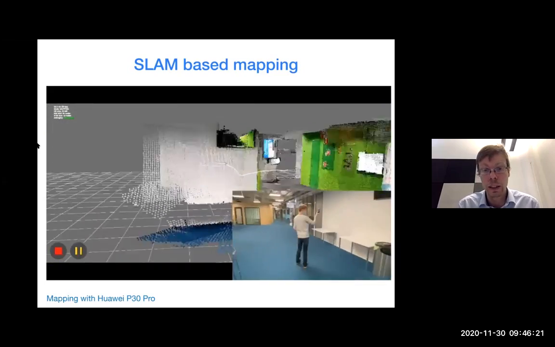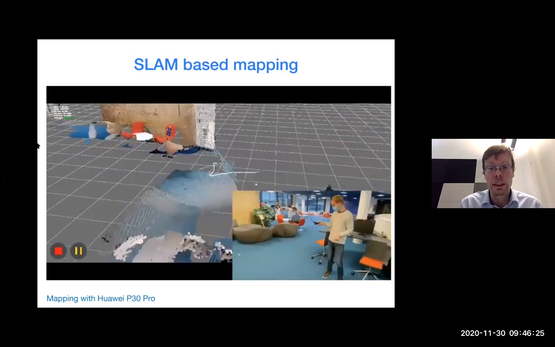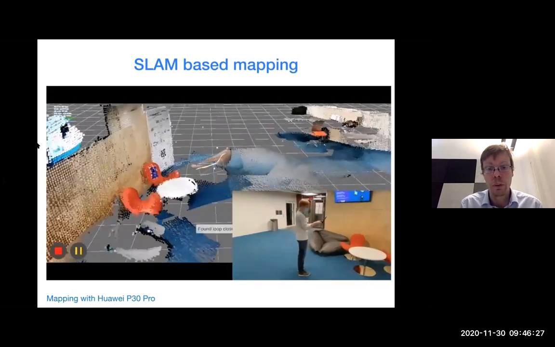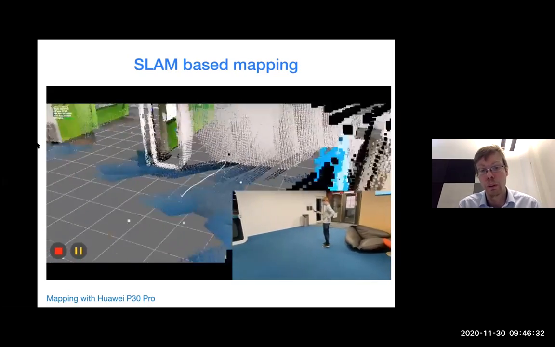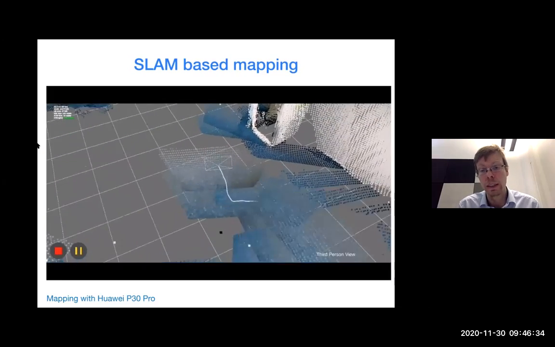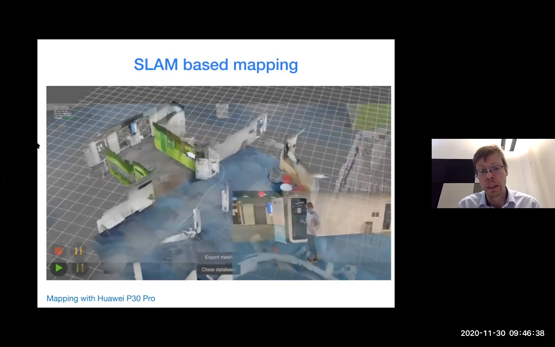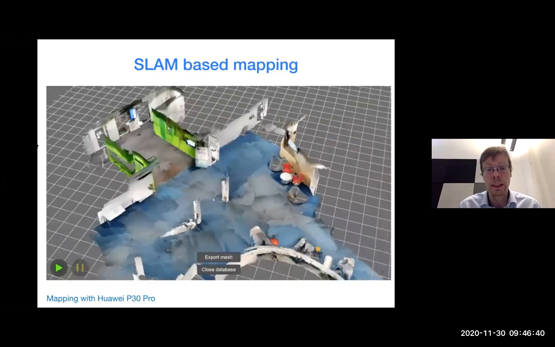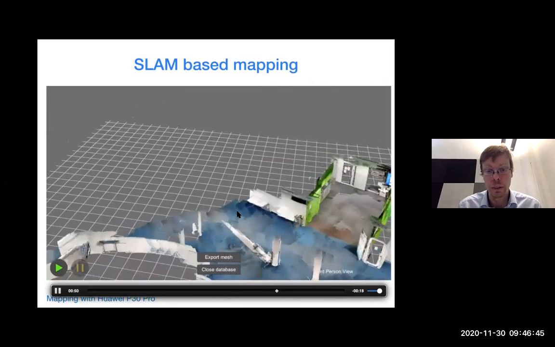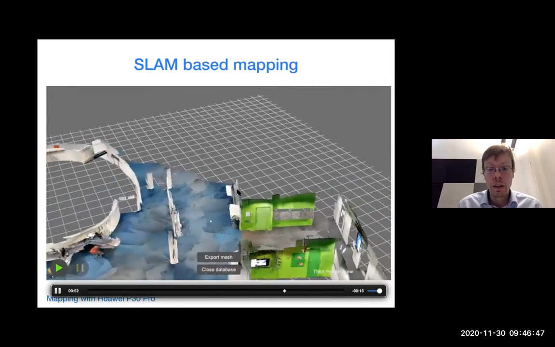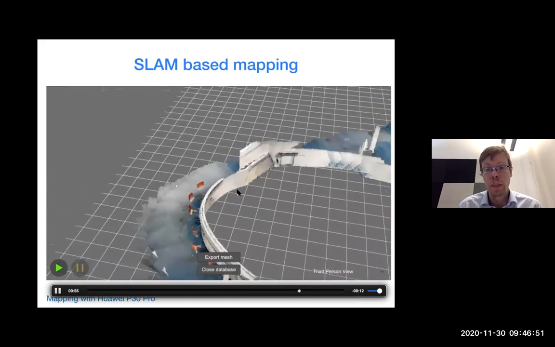Thanks to the tracking and the depth camera, we can fuse these different depth maps to a common coordinate frame. This SLAM system also establishes loop closures, which prevent long-term drift. And all this can be run on a smartphone. So in the end, we get this 3D point cloud as shown here, and it can then be used as a visual map.